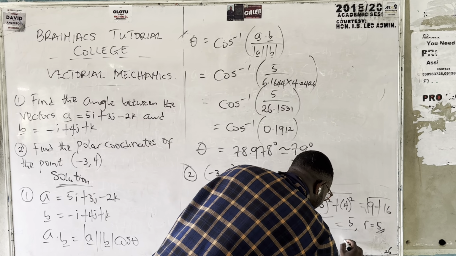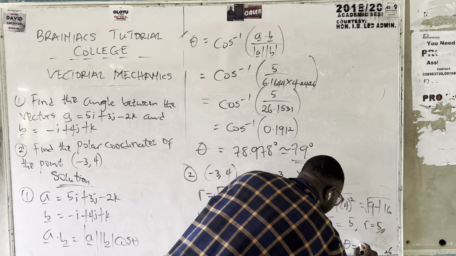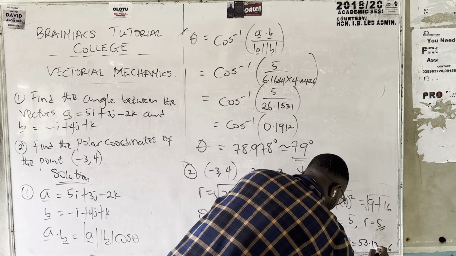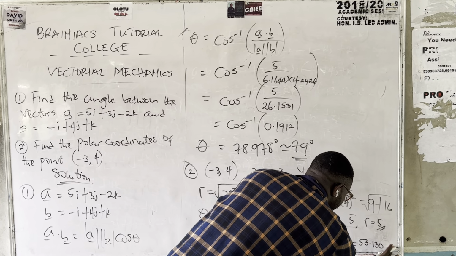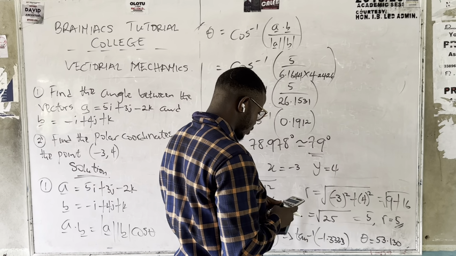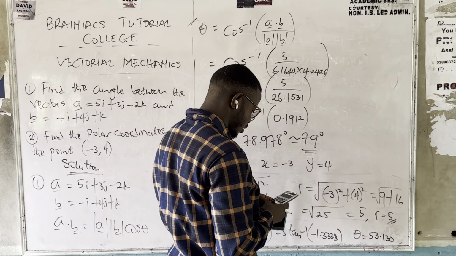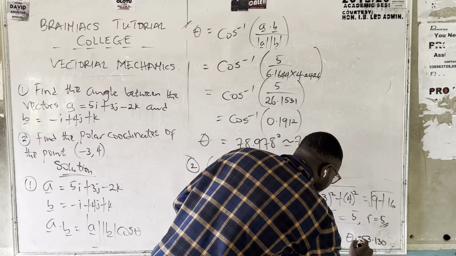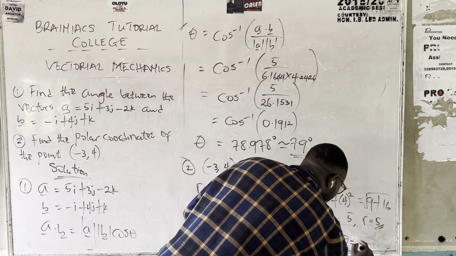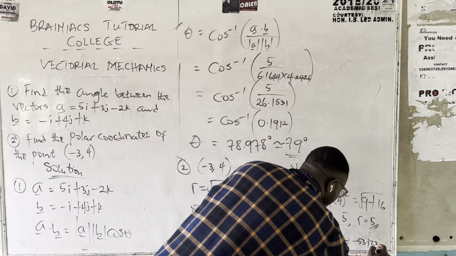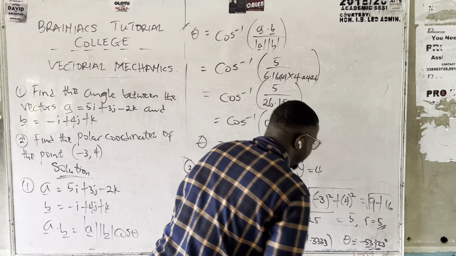So the value of theta is equal to 53.130. Let's cross check again: tan inverse of minus 1.333 is negative, so minus 53.123 degrees. That's the value of theta.